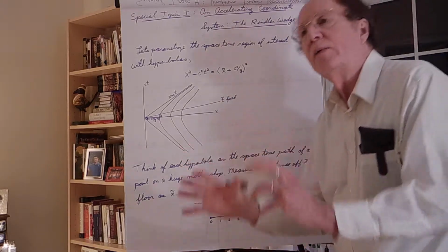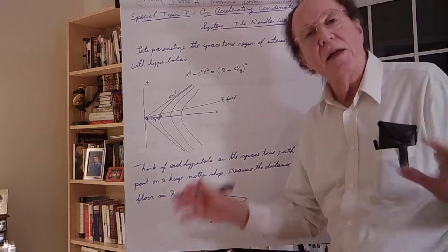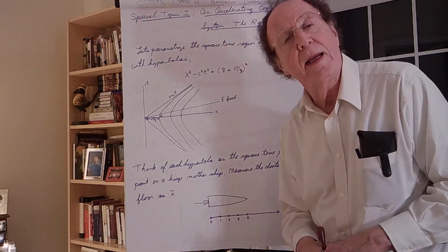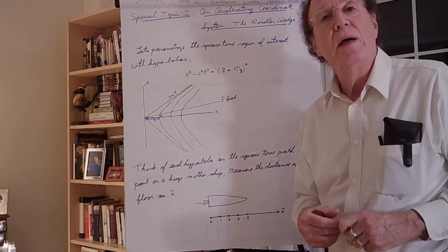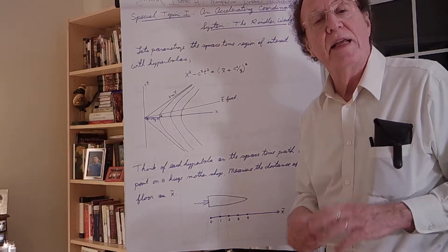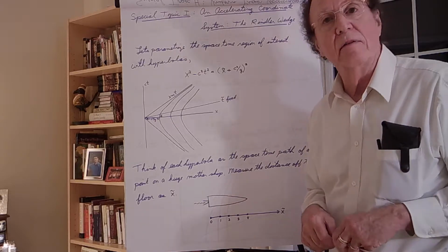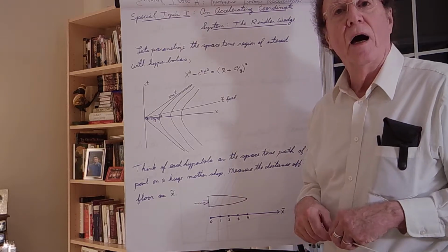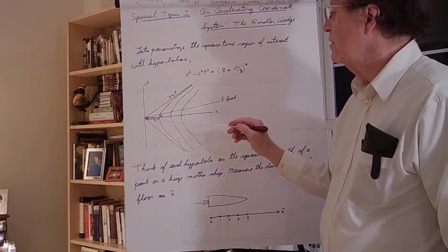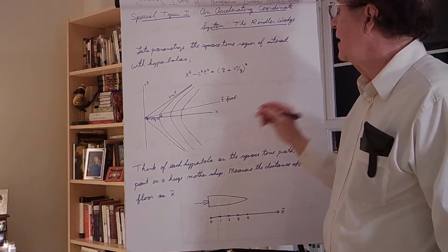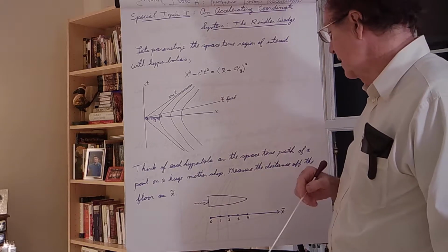I want to distinguish that from x, because x is the coordinate in my inertial frame, which isn't moving. But now my rocket ship is going to start moving because the different points of it have proper acceleration. If x tilde is 0, the proper acceleration is g. If x tilde is over here, I read the proper acceleration off from this.